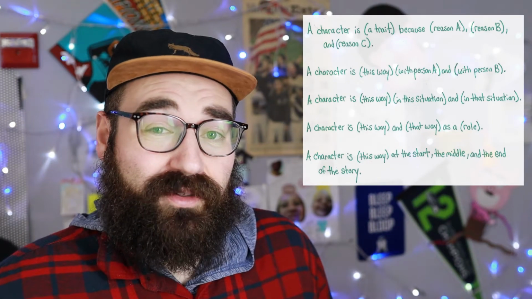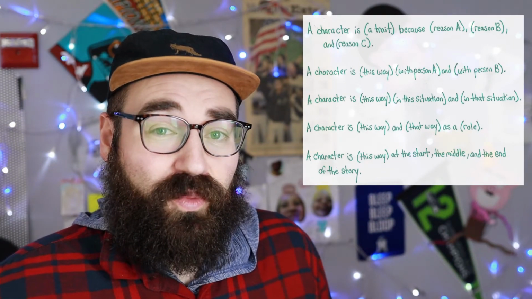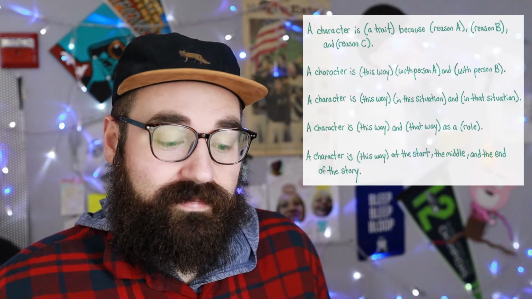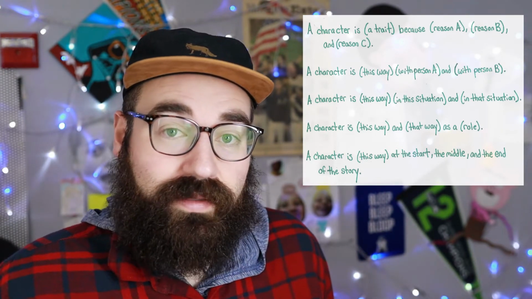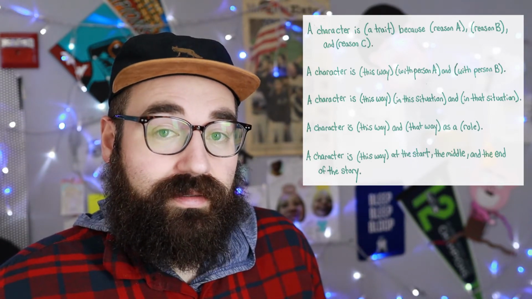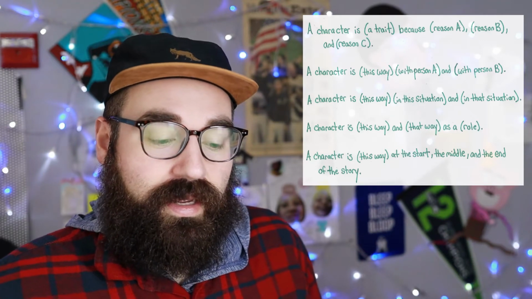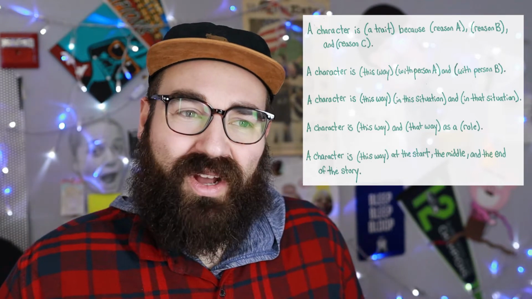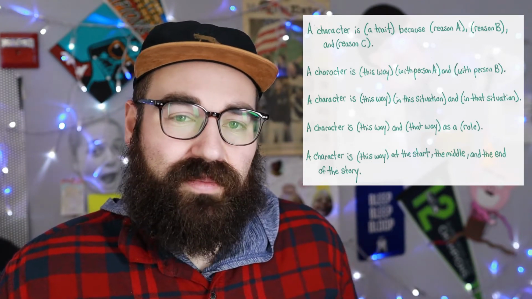So today, we were talking about that set of claims to compare your claim to. The first claim you should totally recognize from lesson 1 essay bootcamp with the 3 little pigs. It goes like this. A character is a trait, a character trait, like the third little pig is admirable, because reason A, reason B, and most of all, reason C. And probably those reasons were almost character traits in and of themselves.